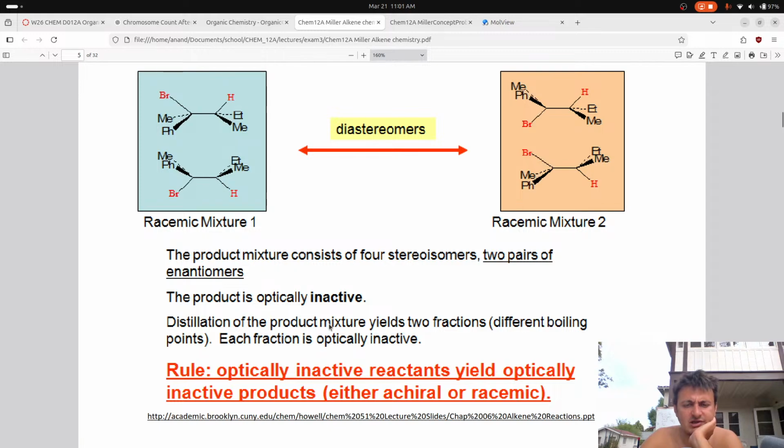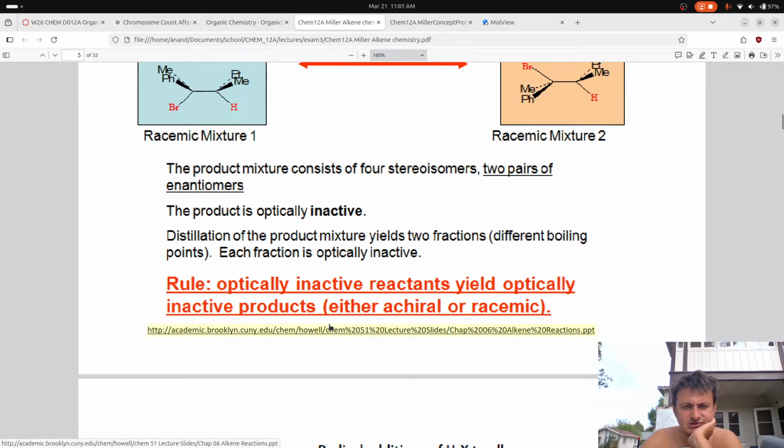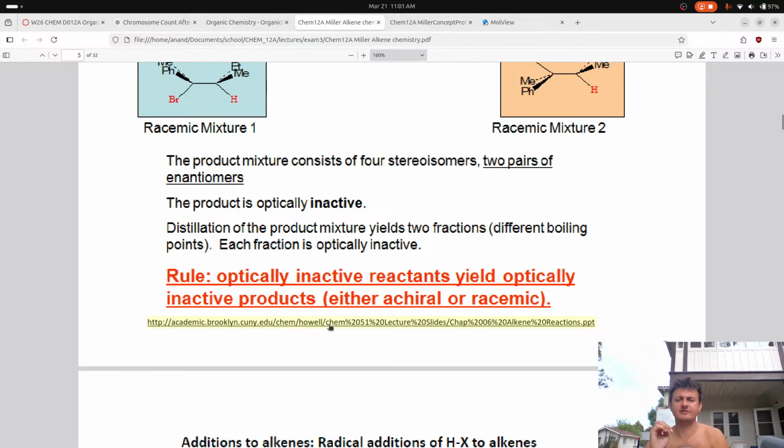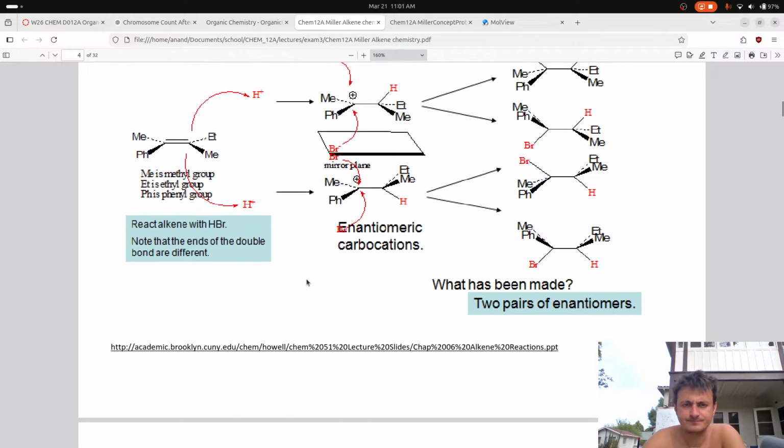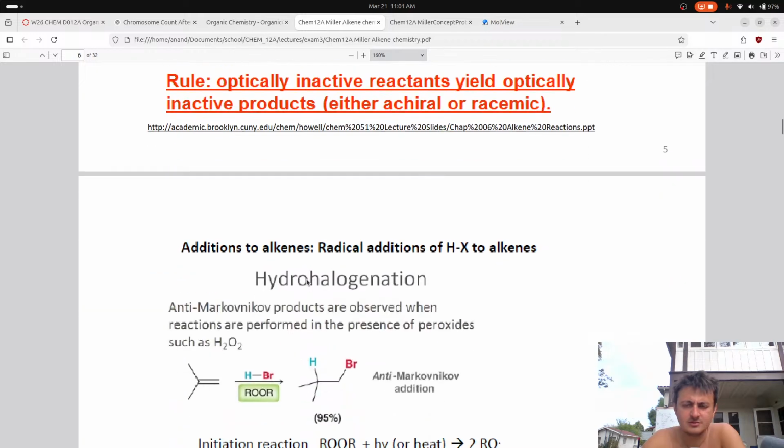Distillation of the final product mixture yields 2 fractions. Each fraction is optically inactive also. This rule is very interesting. Optically inactive reactants yield optically inactive products. So, that's weird.